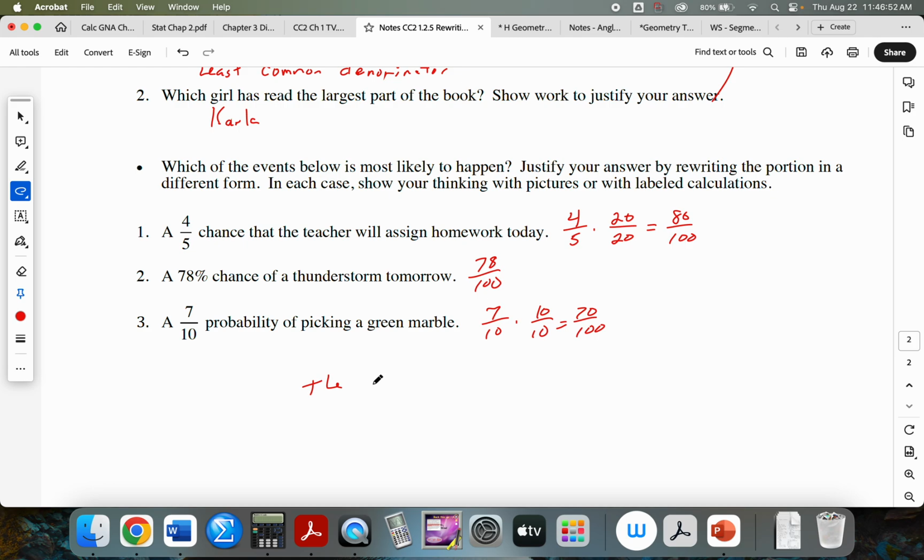Teacher will assign homework today. Speaking of homework, you have it, and you have, I think, some time today, actually.